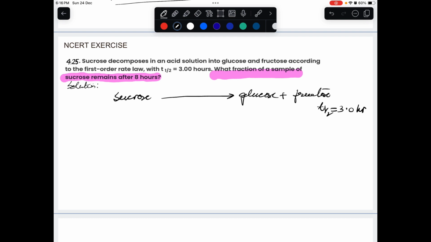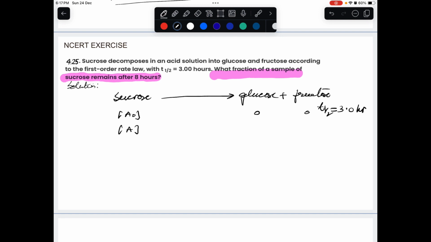So what we have, the initial amount of any substance, that is sucrose, will be taken. Suppose it is taken as A naught, initially we will have concentration of glucose and fructose 0, and at a given time concentration of sucrose will be A. That is, after 8 hours.